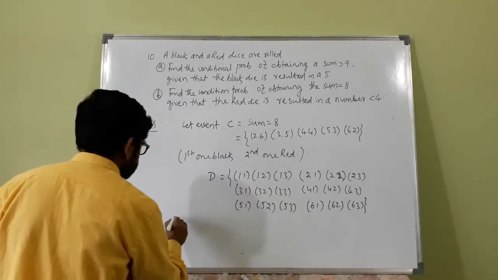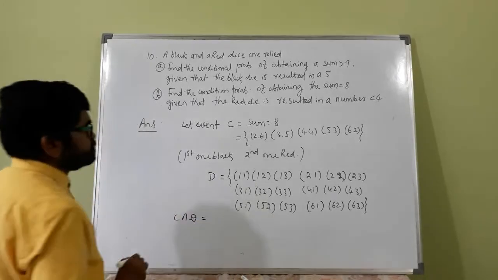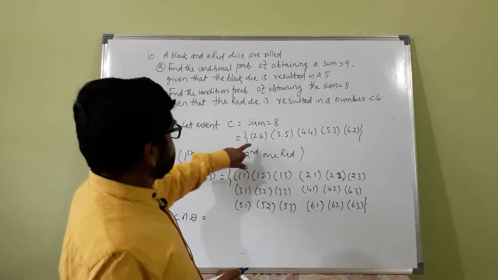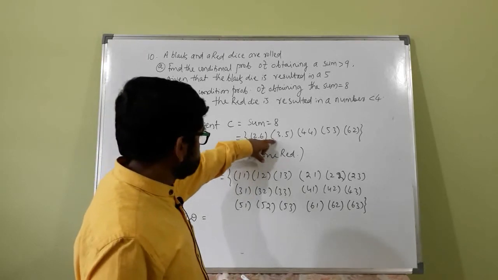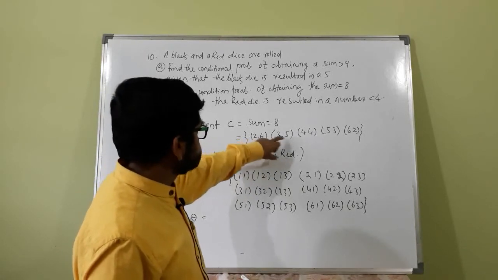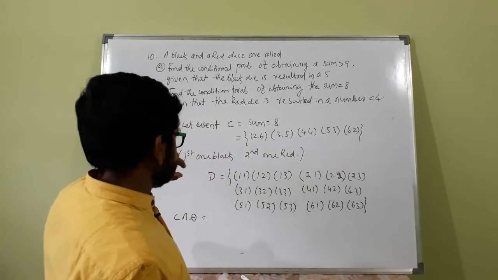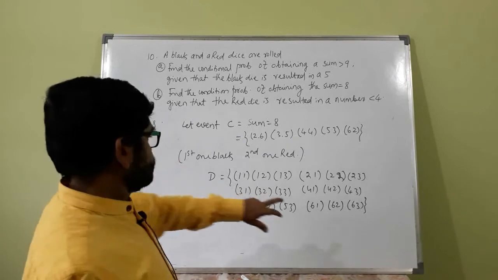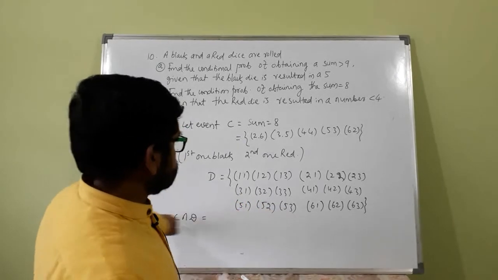Now C intersection D is the common ones. 2, 6 is not possible, 3, 5 is also not possible, only 5, 3 and 6, 2.